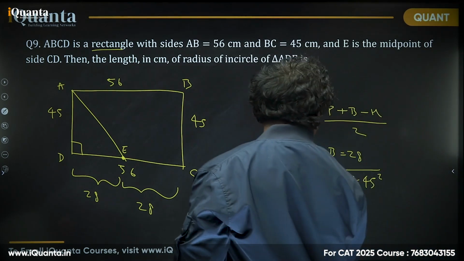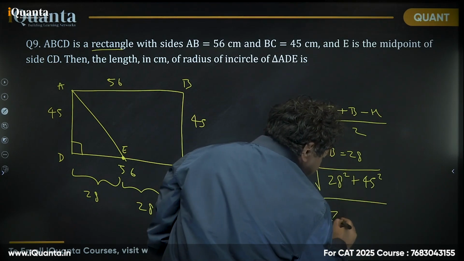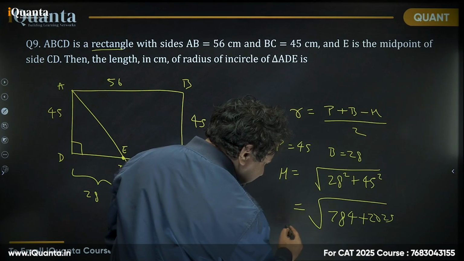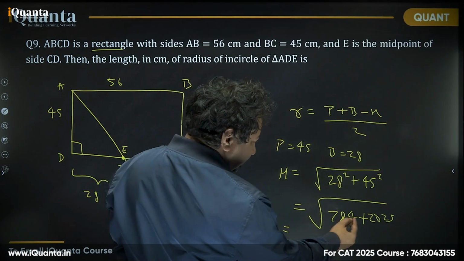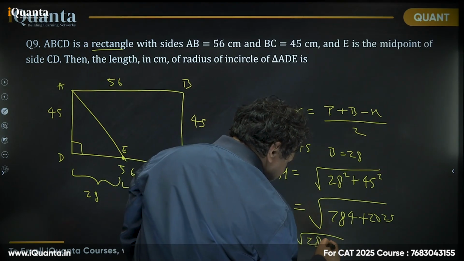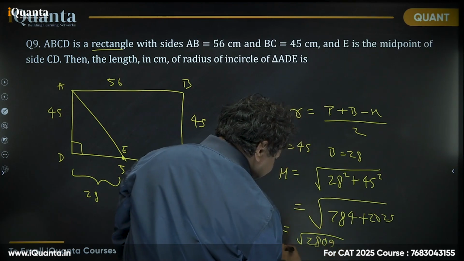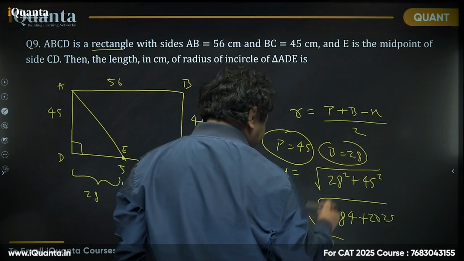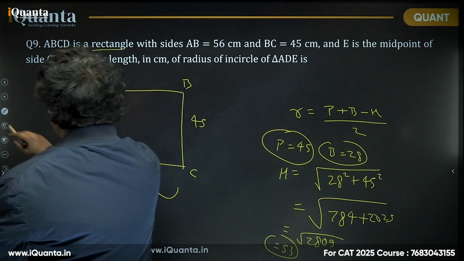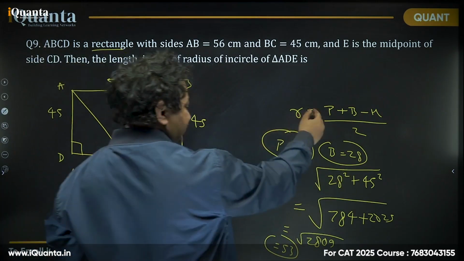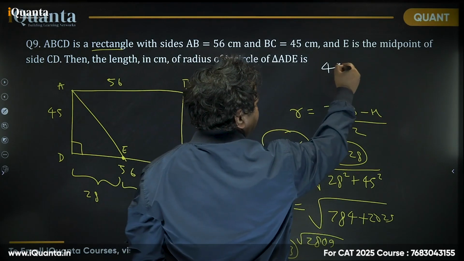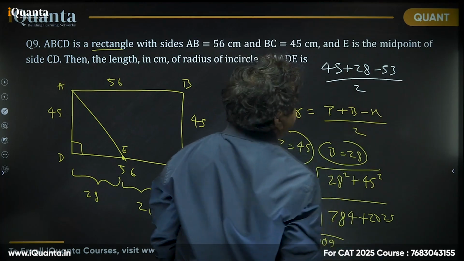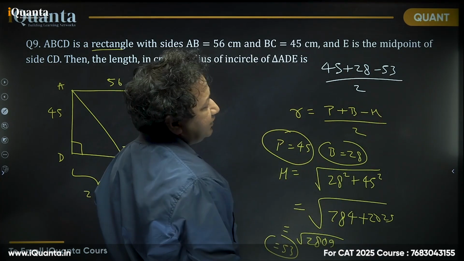If you solve it, you'll get 784 plus 2025, which comes out to be, all right, this will be 2809. So H will be 53 in this case. So we have the value of P, that is 45, B is 28, H is 53. Let's plug in the values and get the answer here. So 45 plus 28 minus 53 upon 2. If I add this, I'll get 73 minus 53, 20 upon 2.